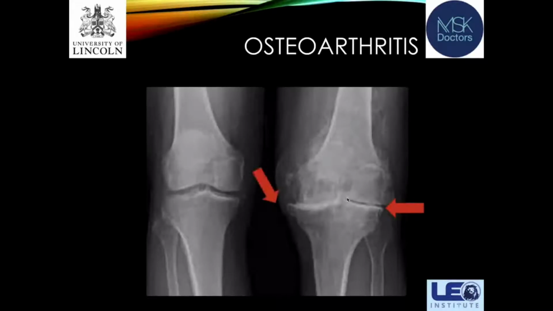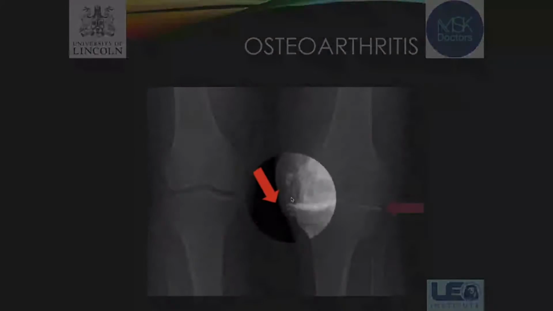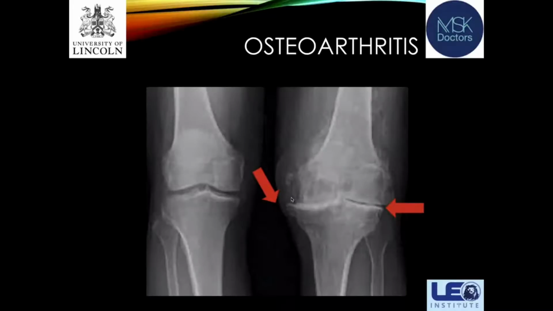The other thing is osteophyte. You can see this bit of bone here is the osteophyte. The next feature is subchondral cyst, which is a cyst within the bone. And the final feature is the increase of bone turnover, which we call subchondral sclerosis. And of course, the alignment between the two legs is very different.